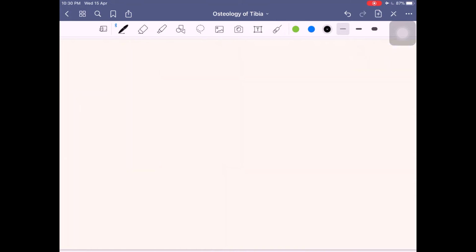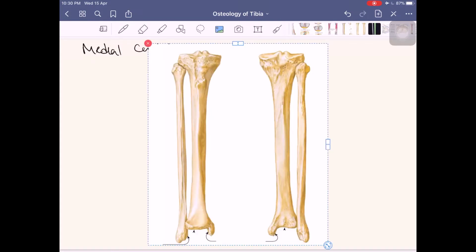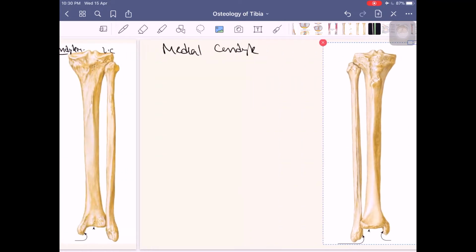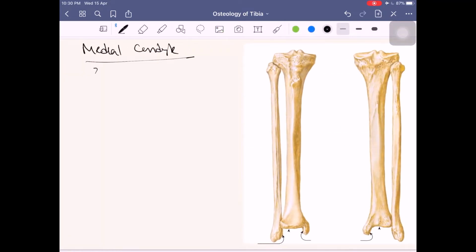Now it has got 4 surfaces. The medial tibial condyle has got 4 surfaces, they are 4 in number. The first one is the top surface, whatever you are seeing here, which we call the superior, upper surface.